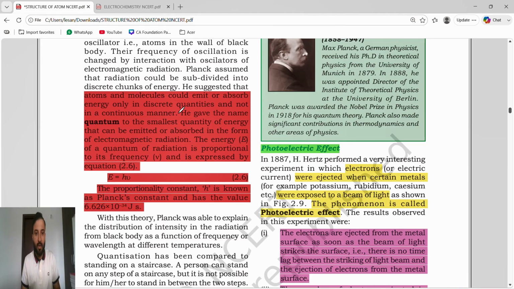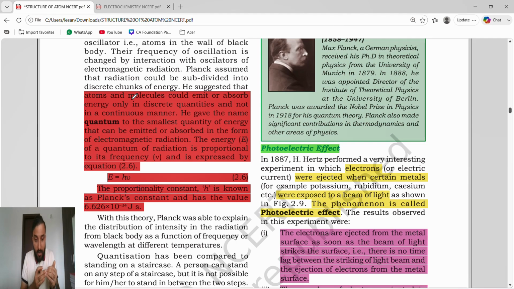So what happened? The scientists gave the name quantum to the smallest quantity of energy that can be emitted or absorbed in the form of electromagnetic radiation. Atoms or molecules can absorb or emit radiation, but if they do, it is only possible in a non-continuous way, not in a continuous one.